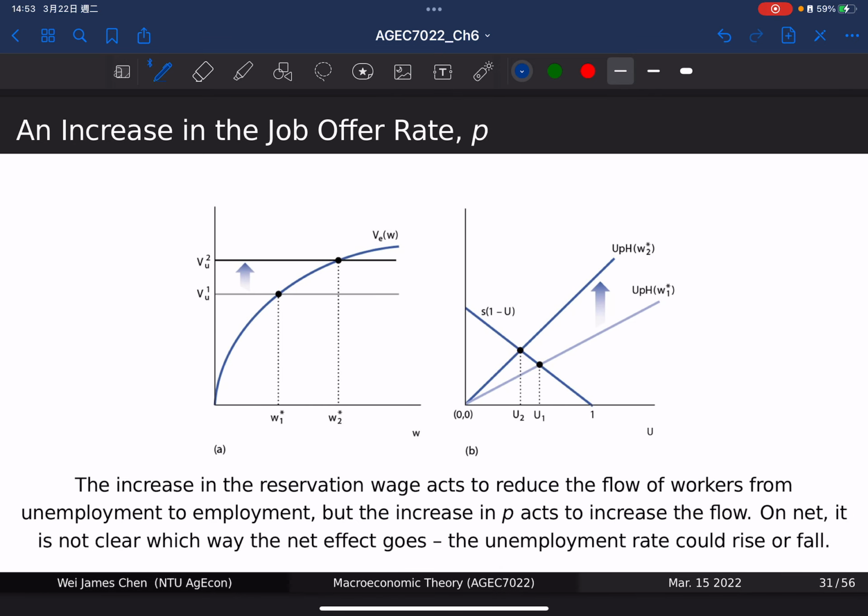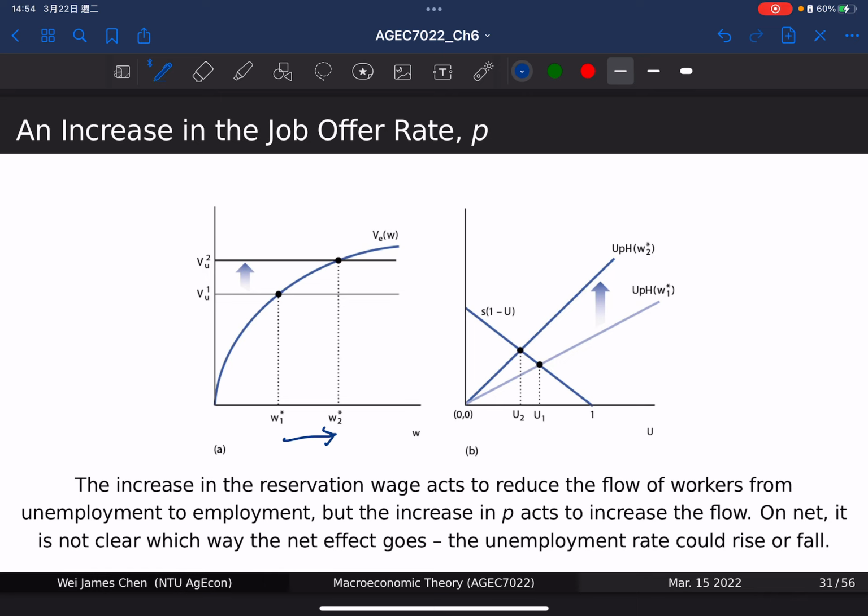What about an increase in the job offer rate? So the P, the probability that you ever get a job offer, increases. Okay, VU also increases. You can go back and check, but I already talked about this. So R times VU is increased with P. So the reservation wage also increases. This is also intuitive, right? The chance that you get a job offer every period is higher.